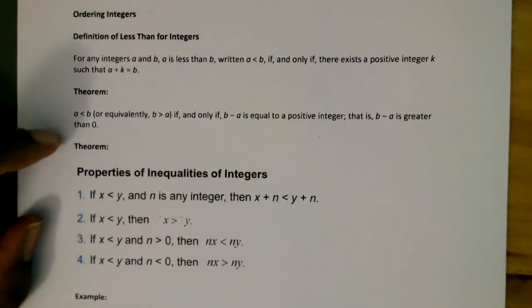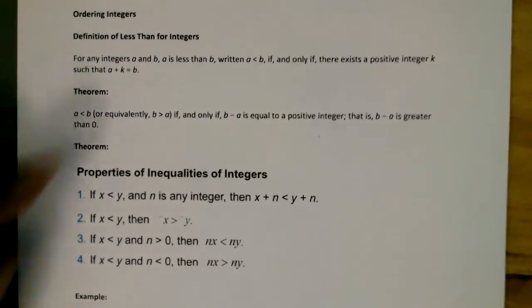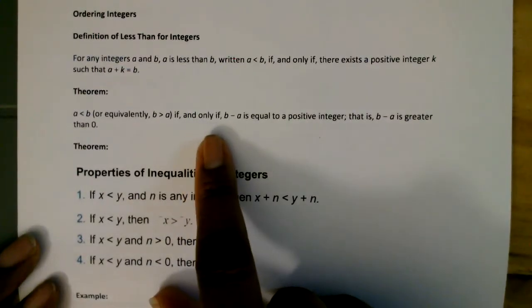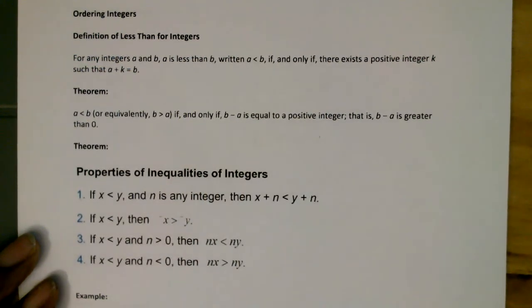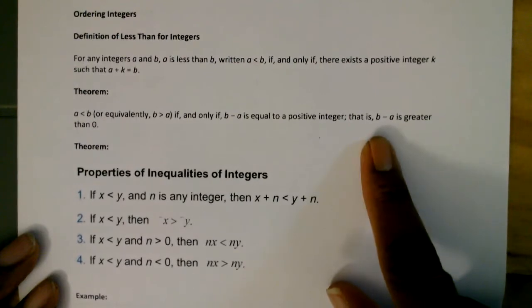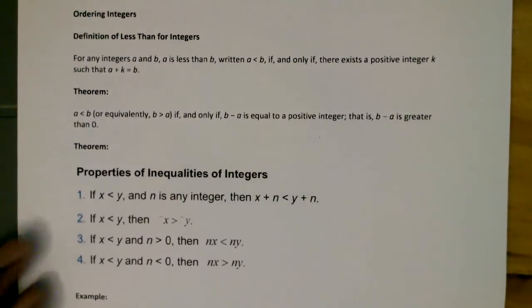And here's the theorem for this. A is less than B, or equivalently, B is greater than A, if and only if B minus A is equal to a positive integer. That is, B is greater than A, B minus A is greater than 0.